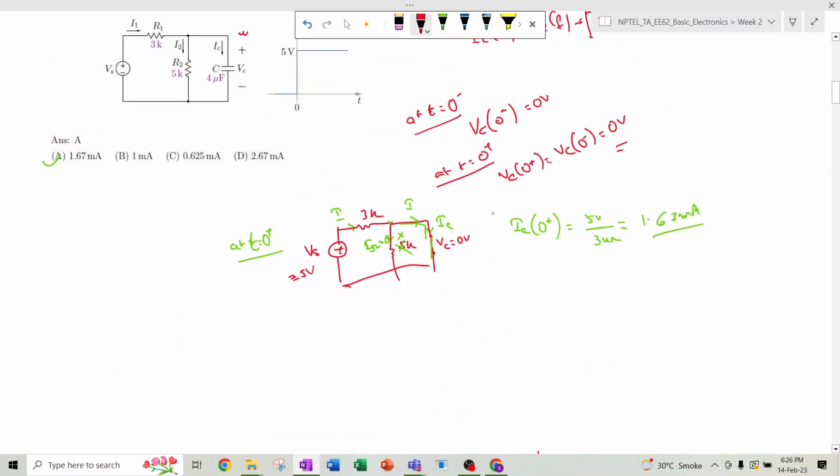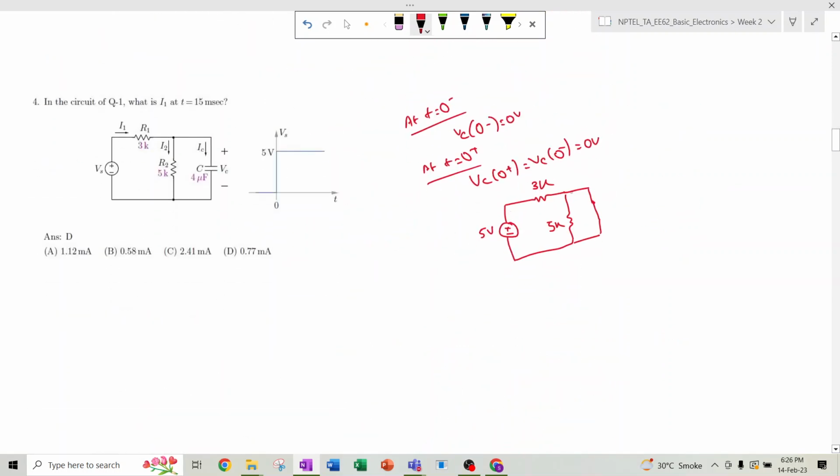So here it is short. The entire current will flow from here to here, so no current will flow through this side.